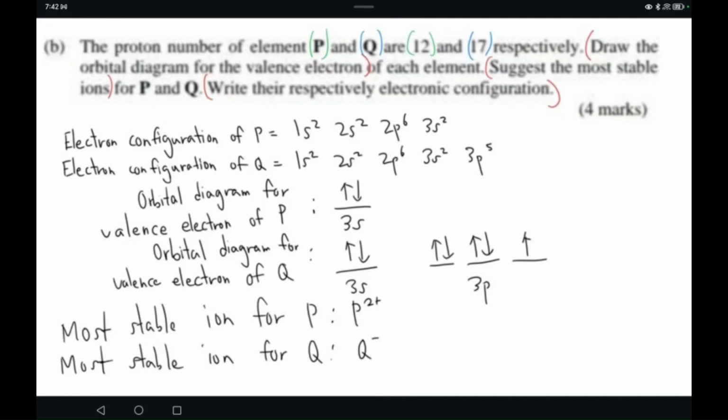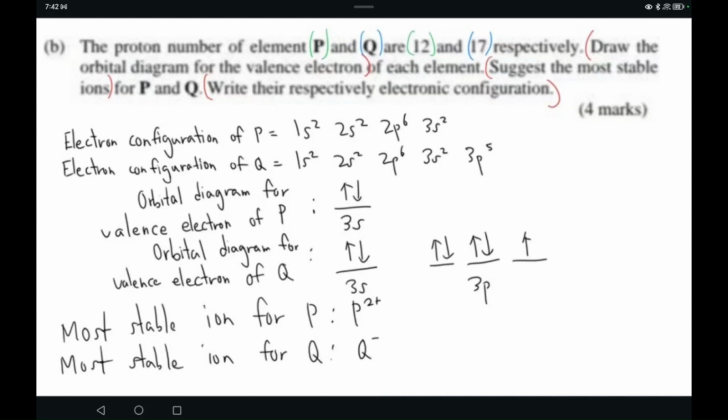So now we can draw the orbital diagram for P and Q. I have already drawn the orbital diagram for P and Q, and after you draw the orbital diagram, you need to check that the valence electrons in the orbital diagram are equal to the valence electrons I mentioned before. So we can proceed to the last part, which is the most stable ion for each element.